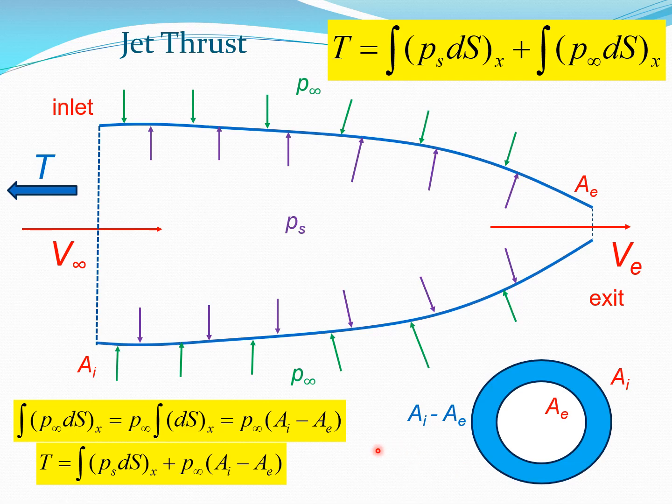So the P infinity term is relatively simple, but the PS dS x component is rather difficult to estimate. So that's something we are going to spend some time trying to estimate, and then we are going to return to this particular equation which I have put here in yellow.